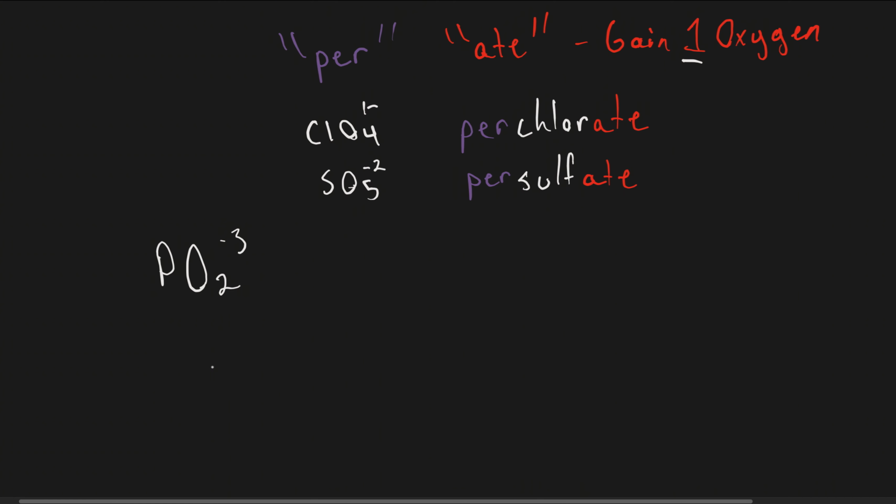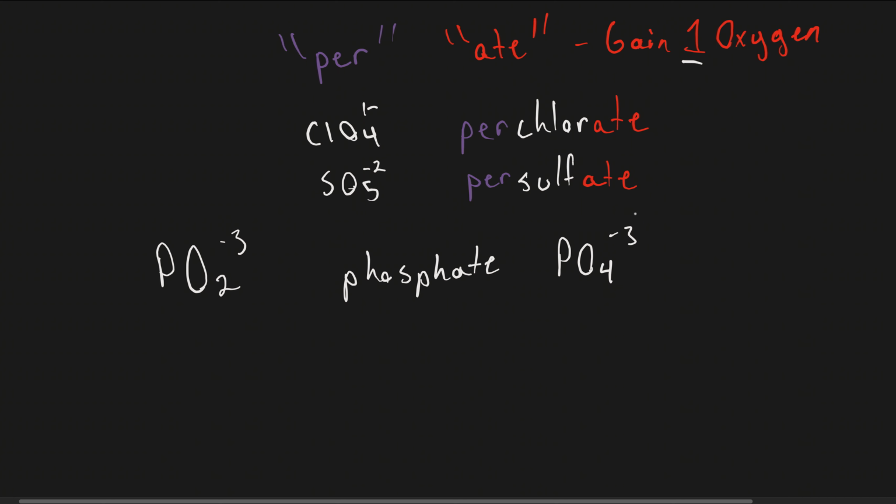Now we know that phosphate has a reference number of 4 oxygens. Phosphate would be PO4 with a -3 charge.